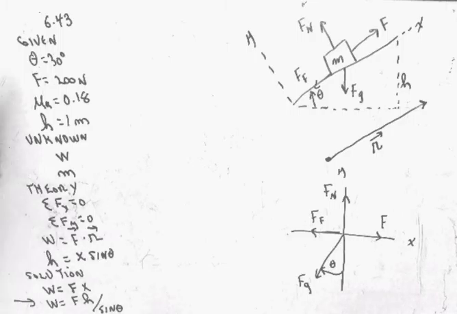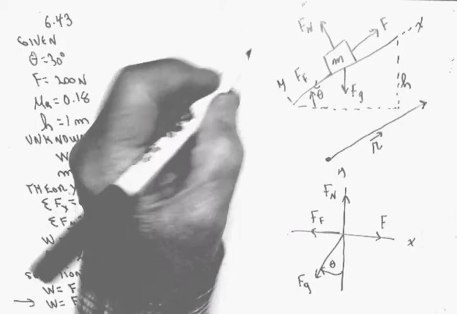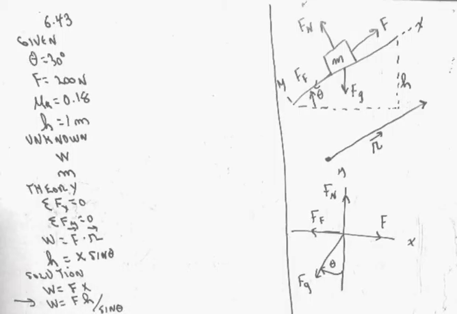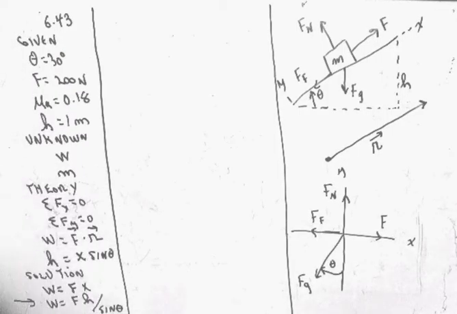Now the next part of the problem requires us to find the mass. That's basically a statics problem. We've got to find the amount of mass that would set up equilibrium. In this particular case, we want to establish equilibrium by finding the amount of mass that will cause that to happen.